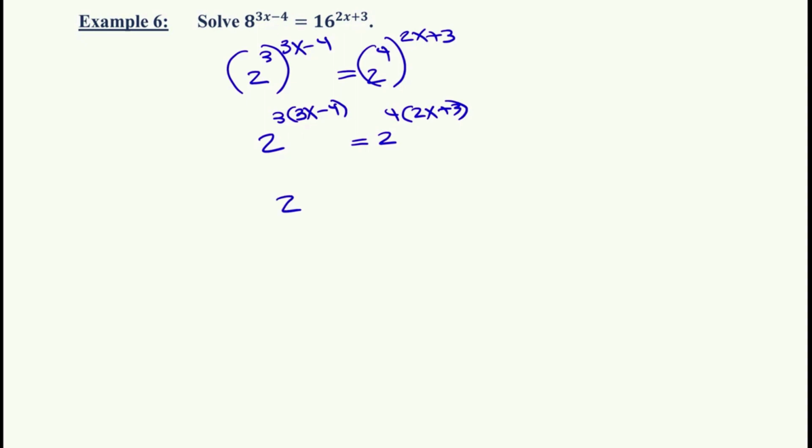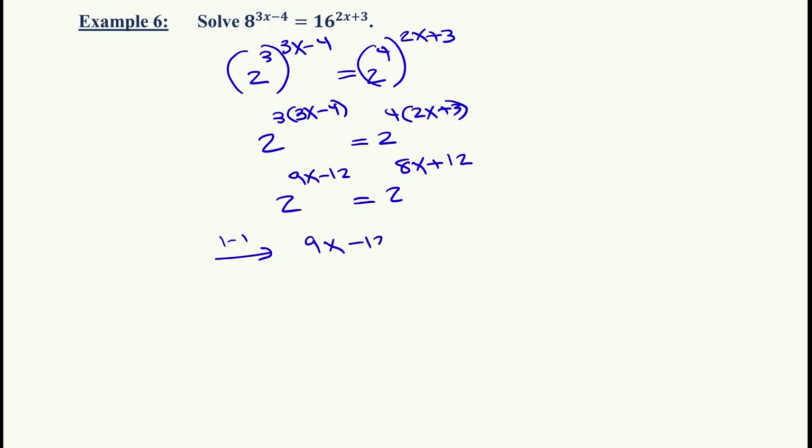So we get 2 to the power of 9x minus 12 equals 2 to the power of 8x plus 12. So now we're going to go ahead and set those two exponents equal to each other, because of the one-to-one nature of the exponential function.